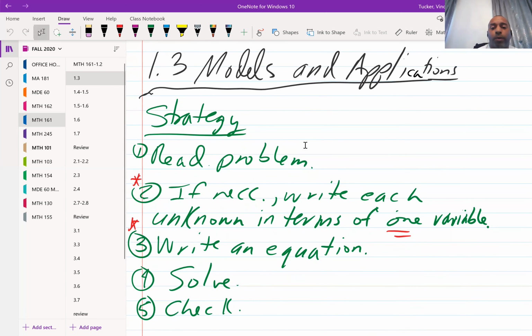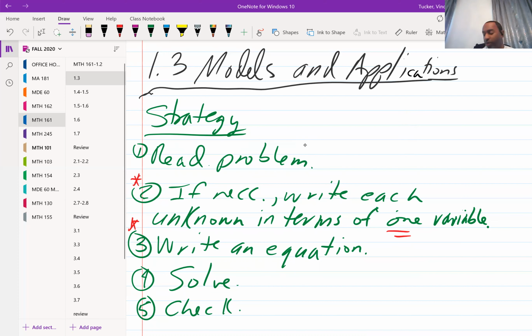Then, if necessary, you're going to write each unknown in terms of one variable. The reason I said if necessary is that sometimes you'll have one unknown, but if you have more than one, what you do not want to do is call one of them X, the other Y, and another Z if you had three unknowns. We want to write all of them in terms of one variable.